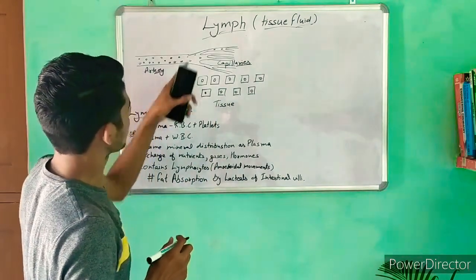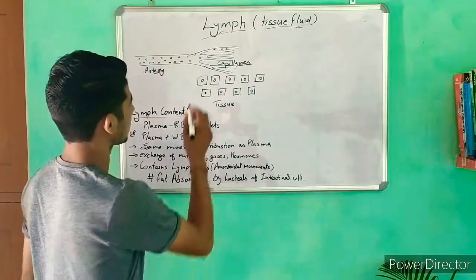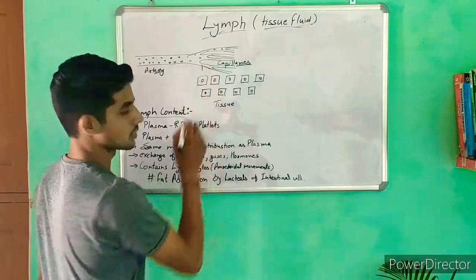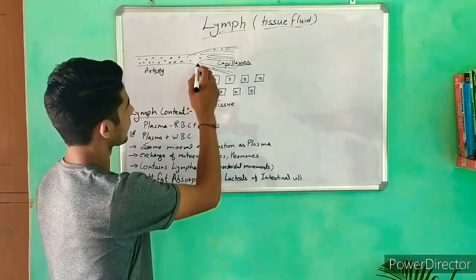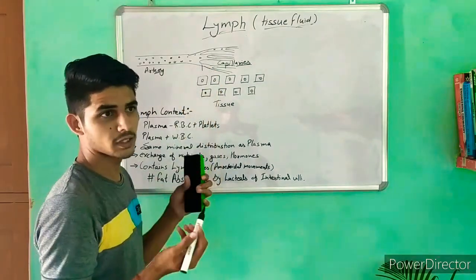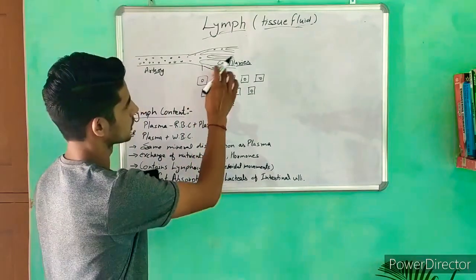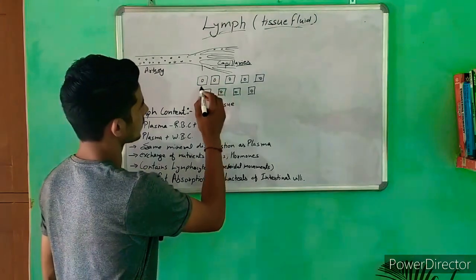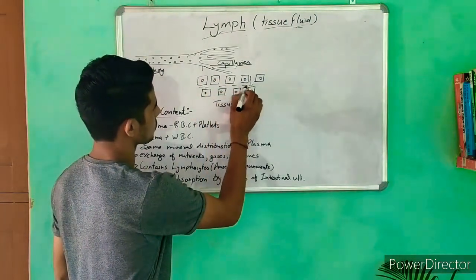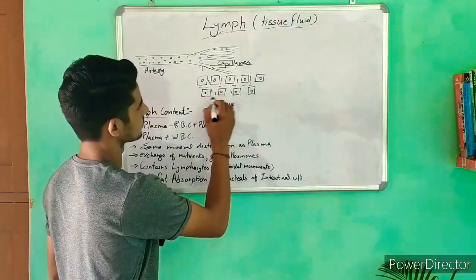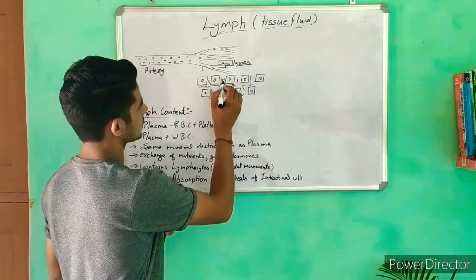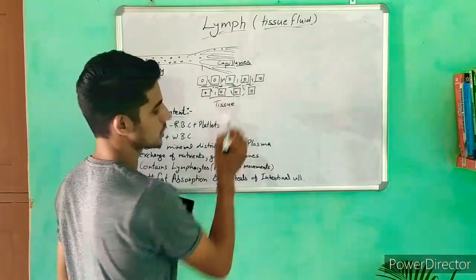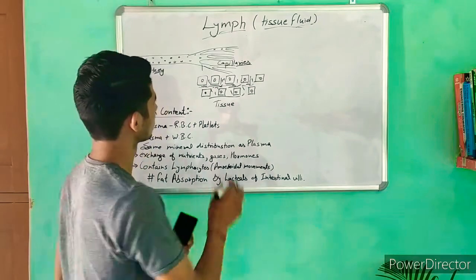So some content of the blood like water, nutrients and others can be transported through the pores of the capillaries, come outside and fill the space between the tissue. And this tissue fluid is known as lymph.